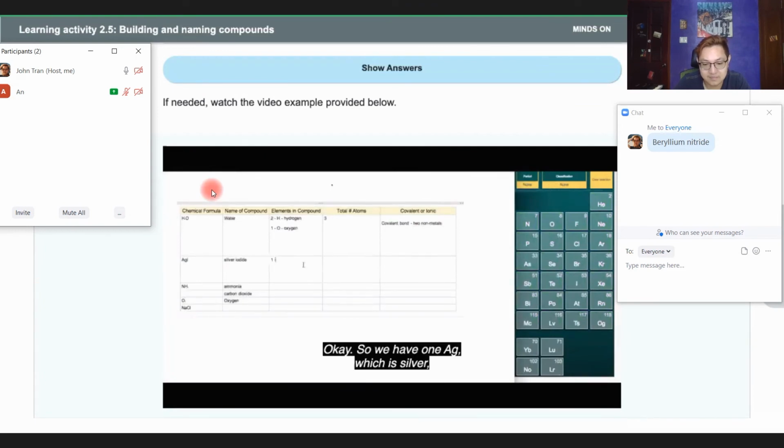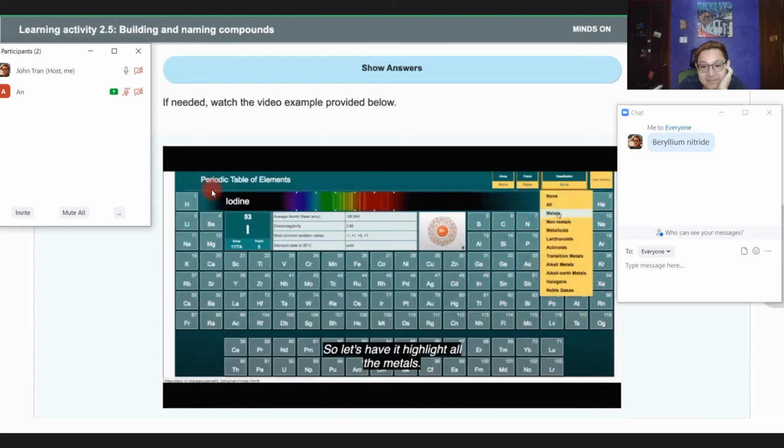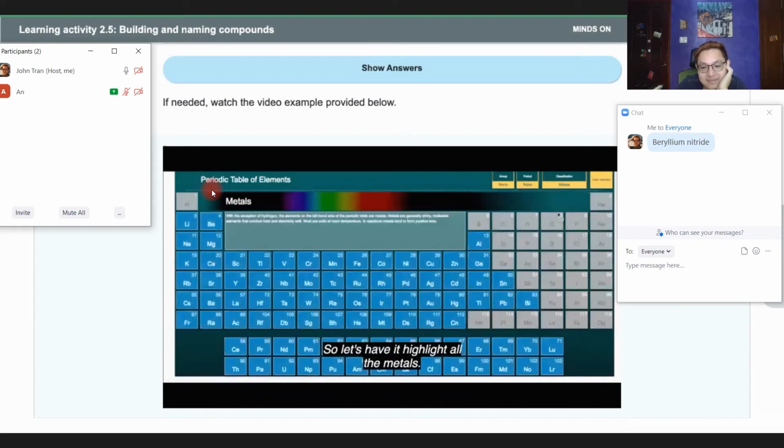We have 1 Ag, which is silver, and 1 I, which is iodine. In total, because we have 1 of each, we have 2. Now it's time to figure out whether this is a covalent or an ionic bond. Let's see if Ag and I are metals or non-metals. Let's have it highlight all the metals.